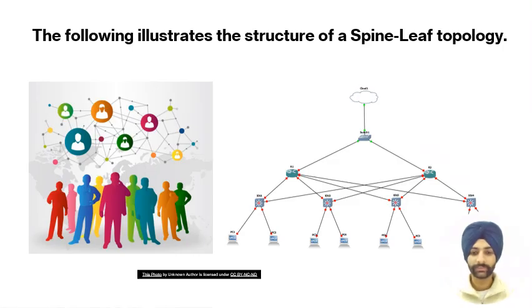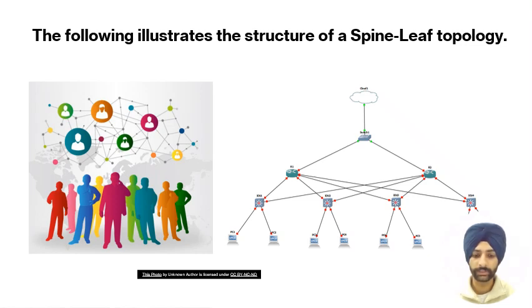Hi there, our team has made a spine leaf topology, and to make this topology we first have to install VMware, and on VMware we have to install the virtual GNS3, and on GNS3 we first have to configure the network and connect it to our IP.